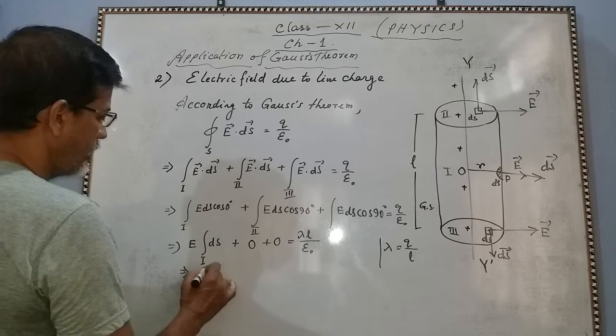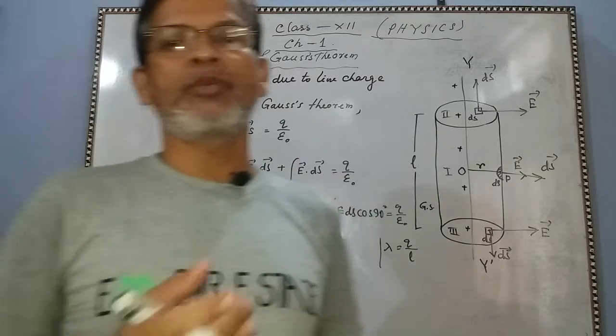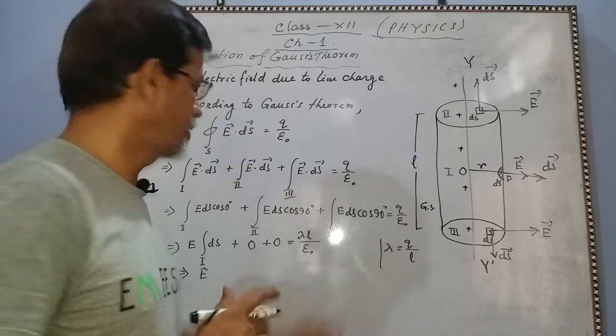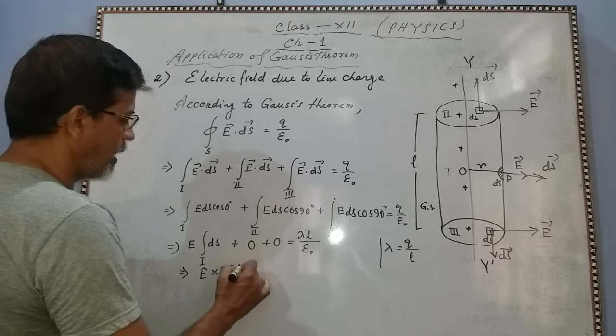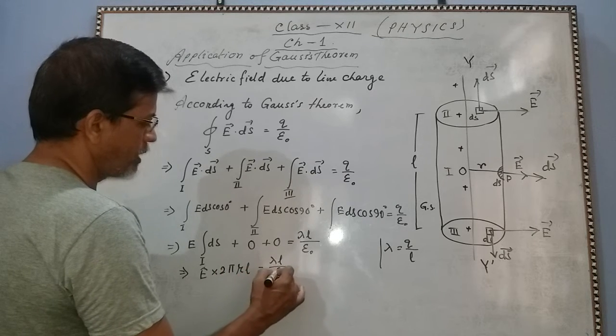So what we are getting? E, and this is the curved surface area. The curved surface area formula is 2 pi R H. Here H means L. So E into 2 pi R L equals lambda L by epsilon naught.